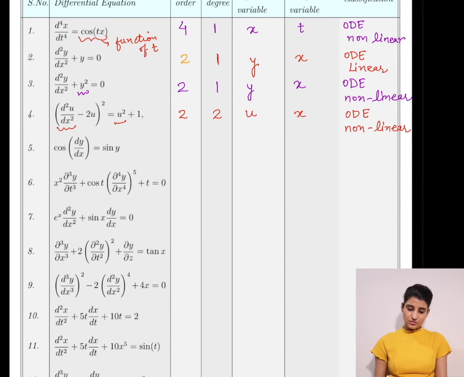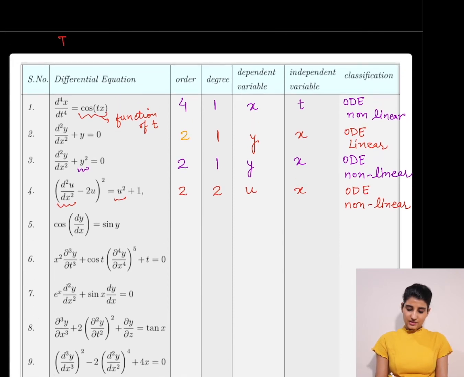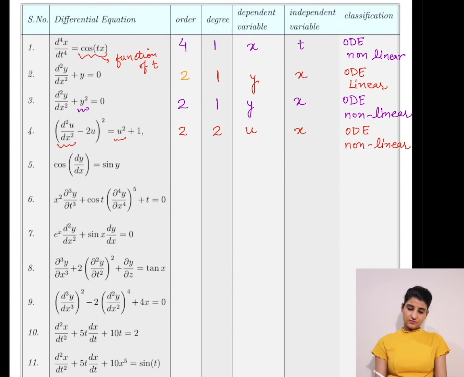So we know if degree is greater than 1, it's always non-linear. Okay. Now next. Order is 1 because only first derivative is involved.